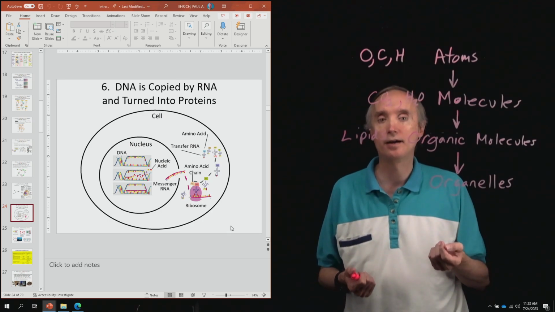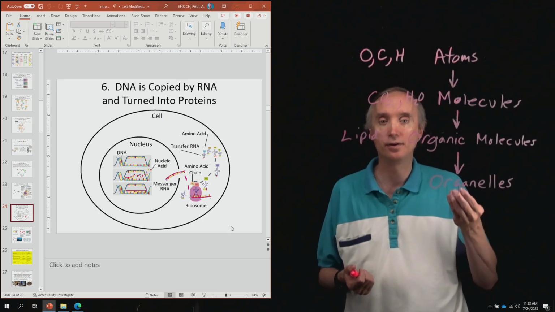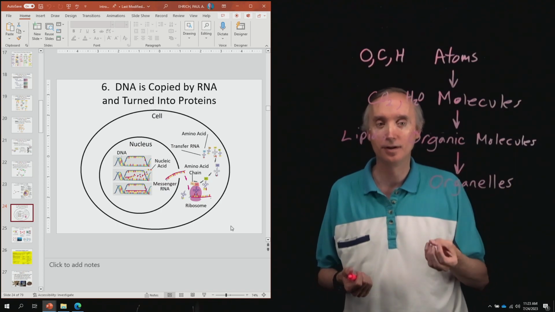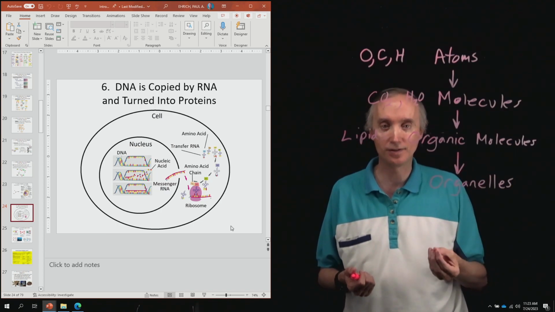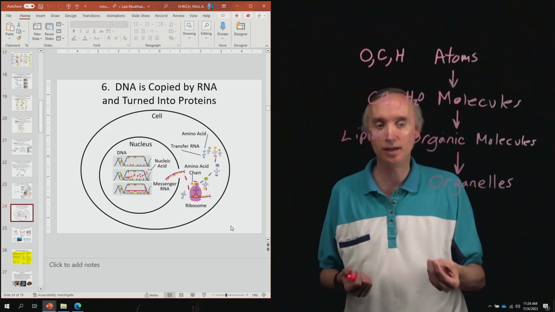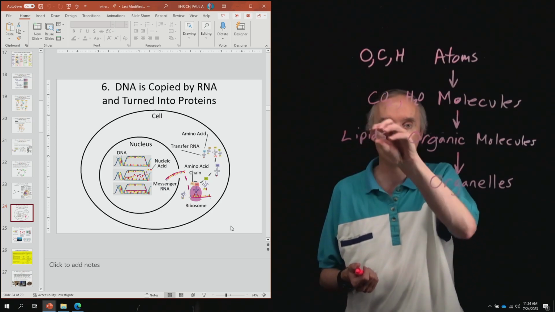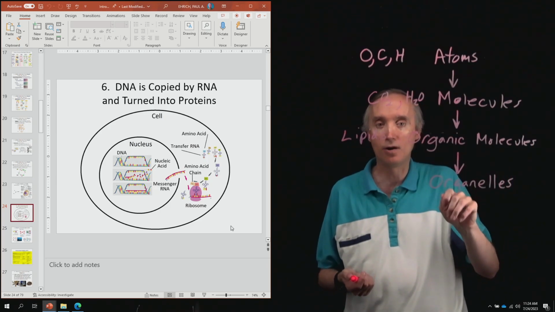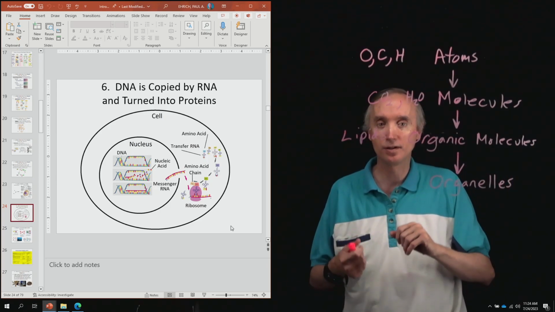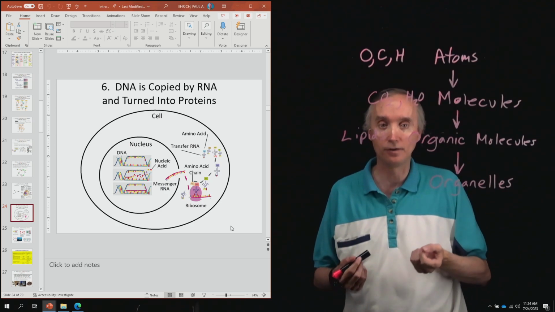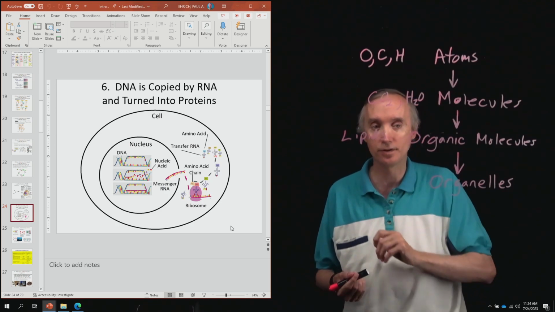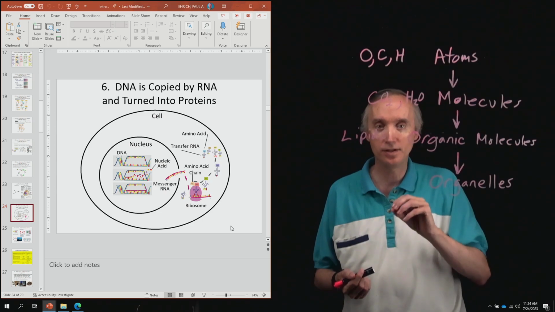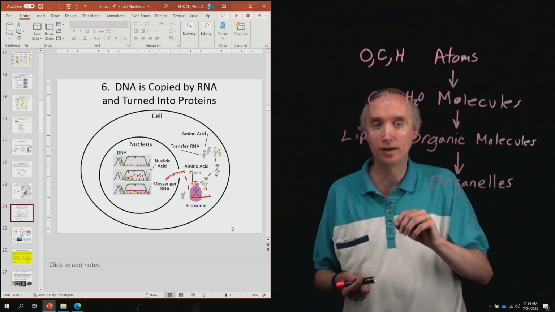So what's going to happen is that there is going to be another little machine that is going to attach itself to the DNA. And as it goes through the DNA, it is going to assemble RNA, which is going to be a messenger of the information that's found on the DNA. So the DNA makes RNA.